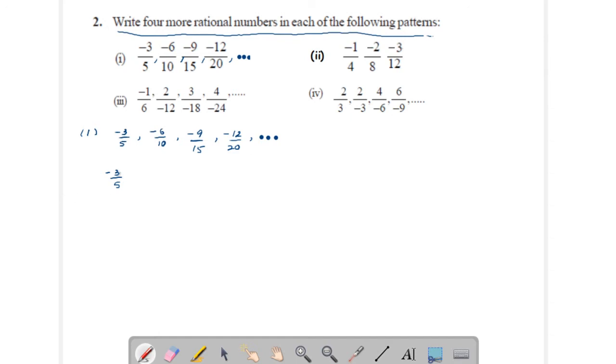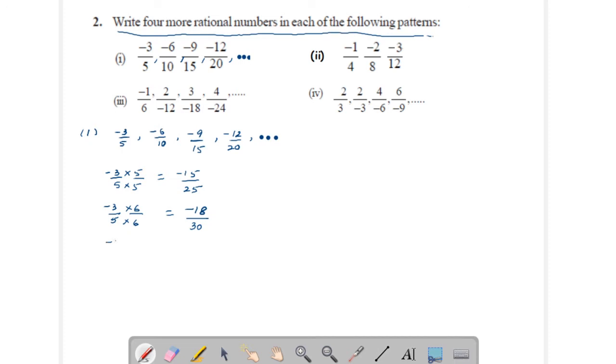So, take minus 3 upon 5, multiply it by 5, both in numerator and denominator. We will get minus 15 upon 25. Again take minus 3 upon 5, multiply it by 6, both numerator and denominator. We will get minus 18 upon 30.